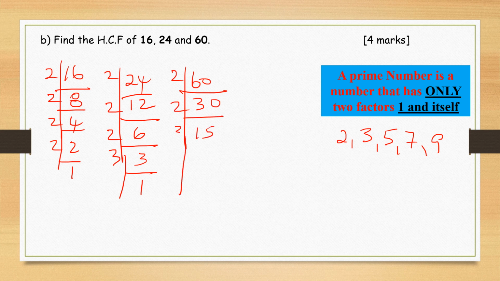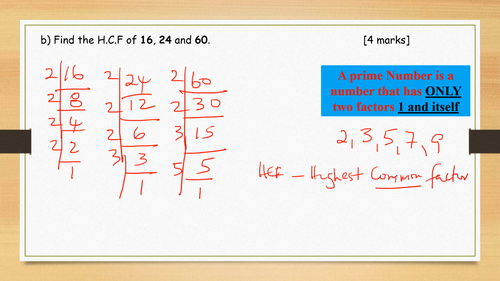Now we can try 3. 3 into 15 is 5, and 5 into 5 is 1. I always like to do it in order. Okay, it helps. So now when I have to look at it, remember HCF means highest common factor, the important word.